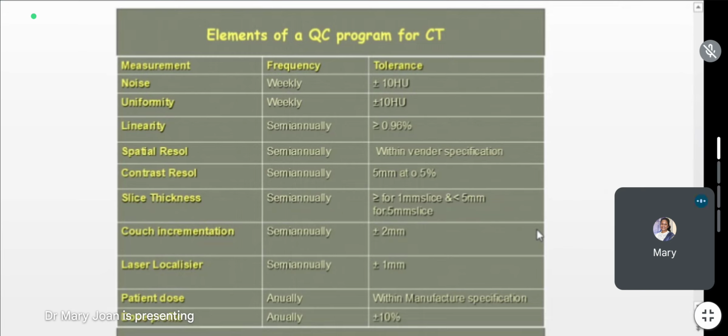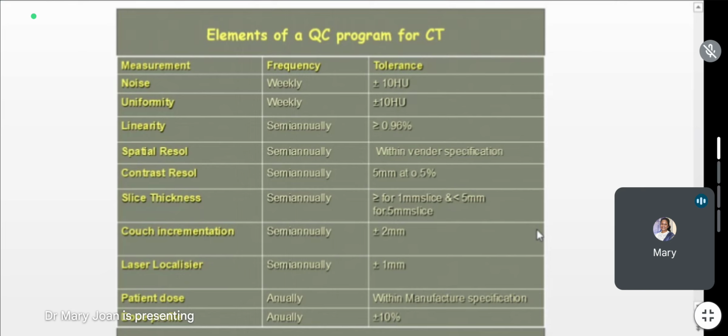And another important aspect is the quality control, QC and quality assurance. It is very important that we do the quality control program periodically to ensure the best performance of the equipment. So there are different tests which are recommended at different time intervals.